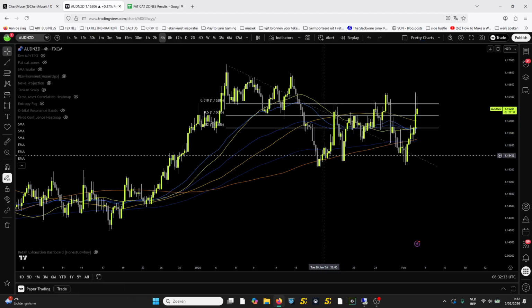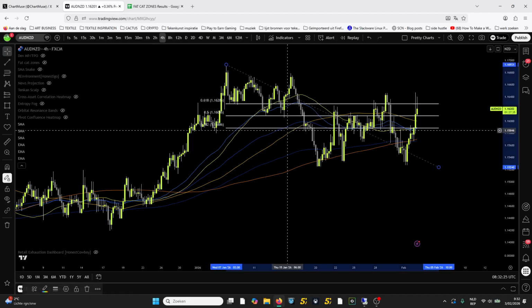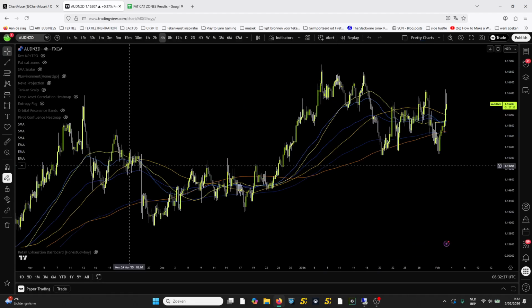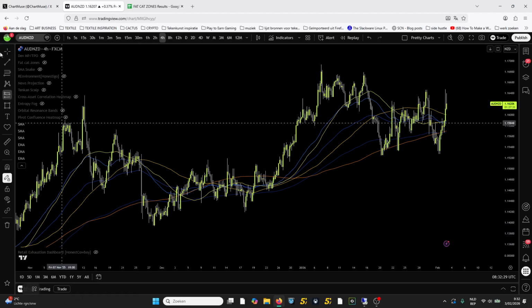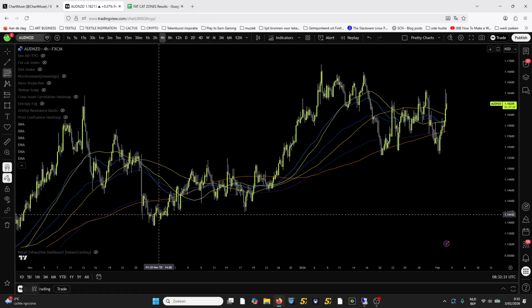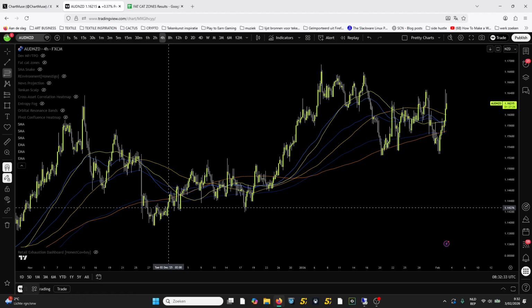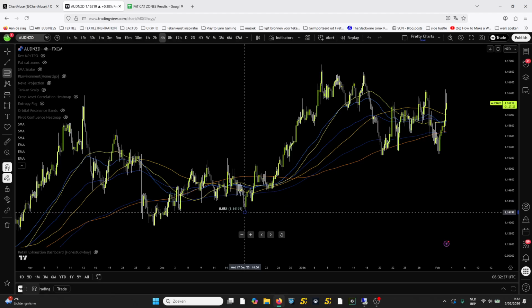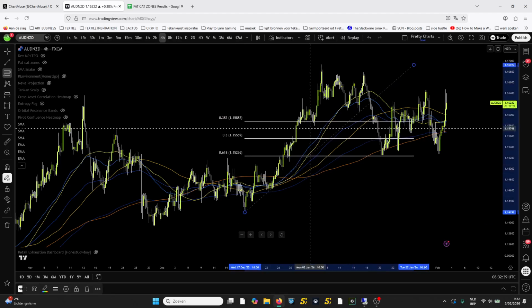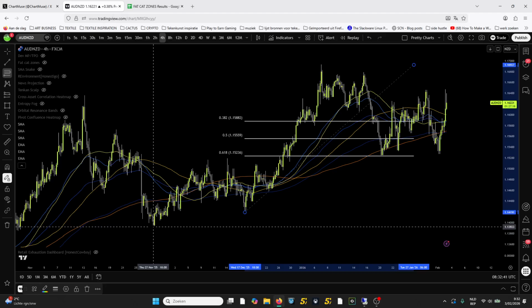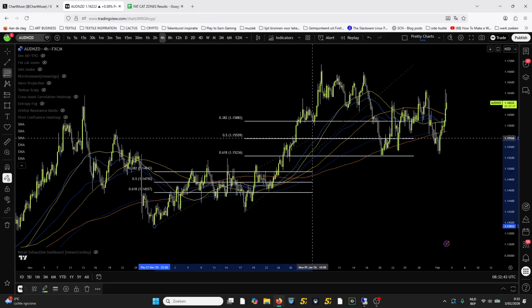But just having a Fib, it's not enough for me. I also use multiple Fibonacci's. So, okay, this is a low. You can draw a Fib from here. But you can also draw a Fib from this low.